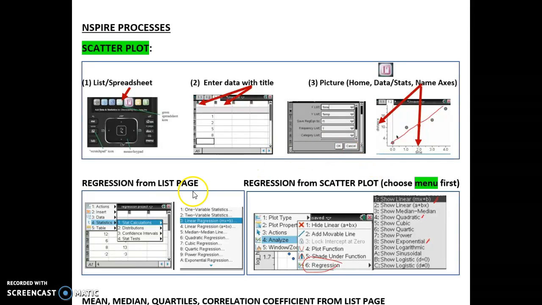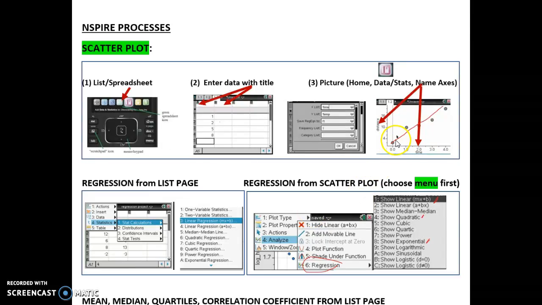You can get to regression from your list page. So if you were at this page right here and you wanted to get to a regression, you would again click Menu. You would go to Statistics and Stat Calculations. Now this Stat Calculations takes us to something that we're going to get to in just a minute. But if you want regression, you could actually get the regression right there.